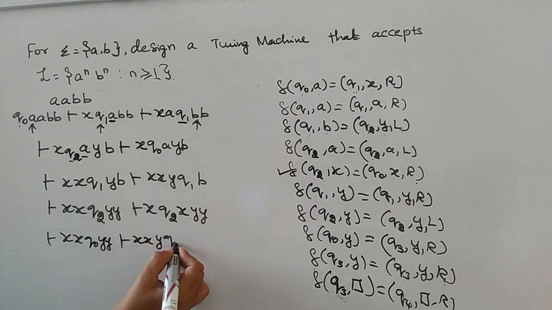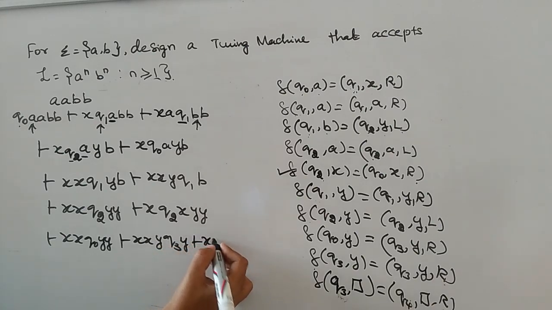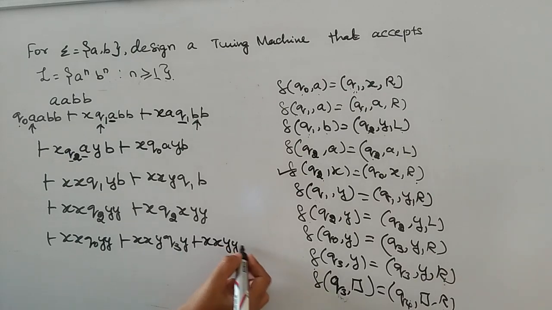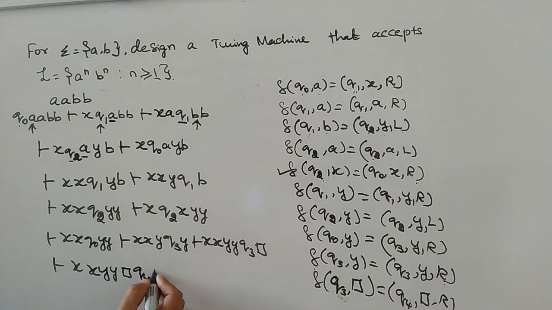That same process we are just repeating for everything. XXYY Q3 blank, and then we will get XXYY blank Q4 blank. You just see here, after reaching the state Q4 the next symbol to be processed is blank only.